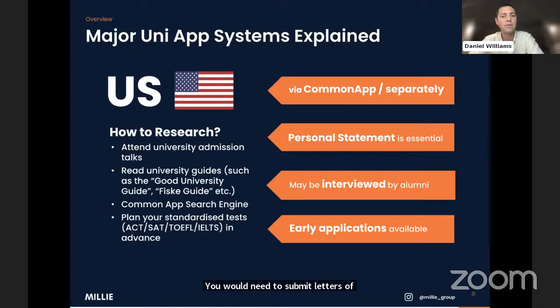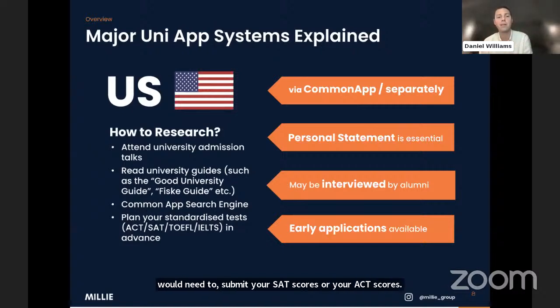You would need to submit your SAT scores or your ACT scores. You would need to write various essays instead of one personal statement. There is one large Common App personal statement that gets sent out to all the different universities. But in addition to that, each individual school that you apply to may also have their own essays.